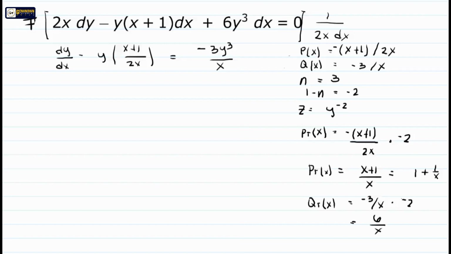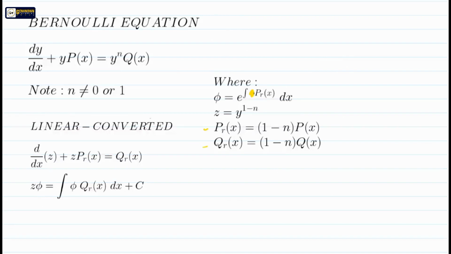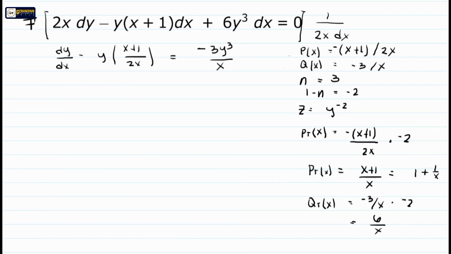So under the linear converted equation, we have dz over dx plus z multiplied by the reduced function of P, 1 plus 1 over x, is equal to the reduced function of Q, 6 over x.